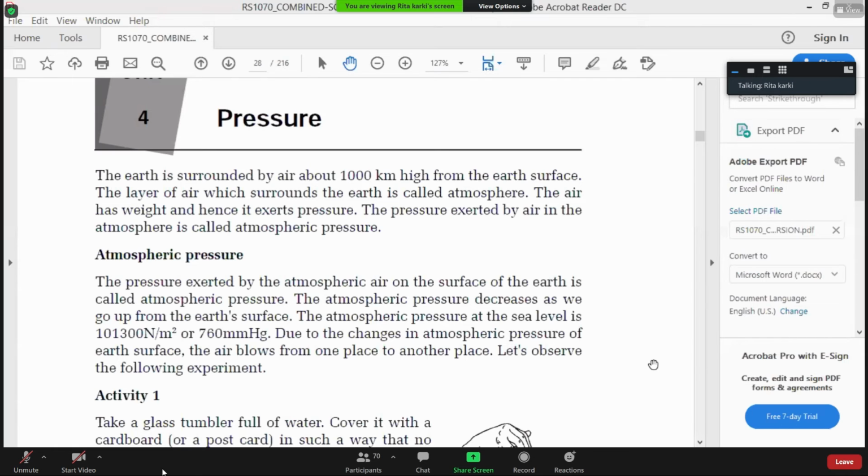As the layer of the air becomes thinner and thinner with the altitude, the atmospheric pressure also decreases. The lower the layer, the higher the atmospheric pressure. That means त्यसको नजिकै हुन्छौं त्यति नै के हुन्छ त atmospheric pressure will be higher. जति हामी अर्थ सर्फेस माथि altitude बढ्दै जान्छ atmospheric pressure will be very very less.